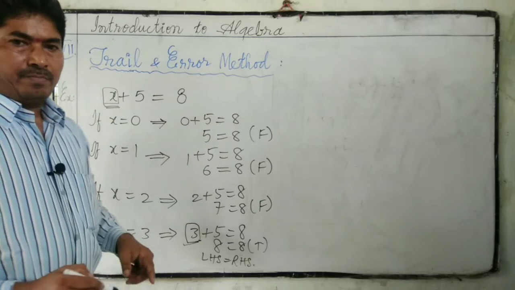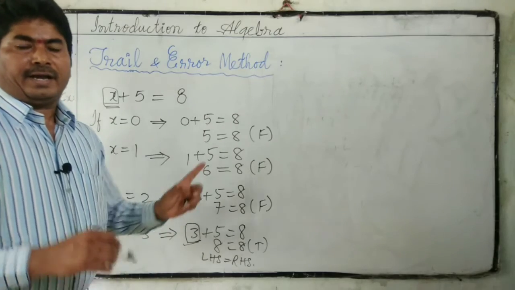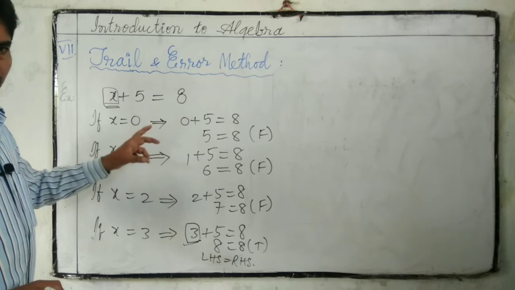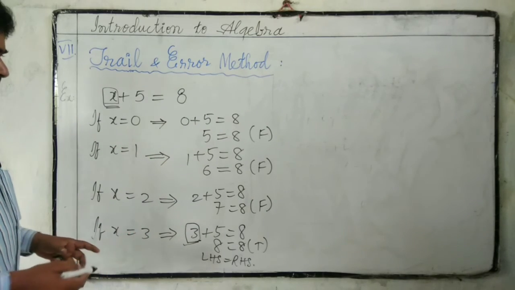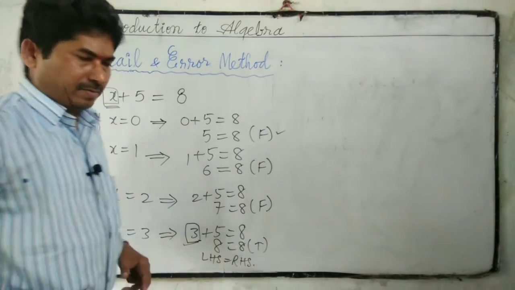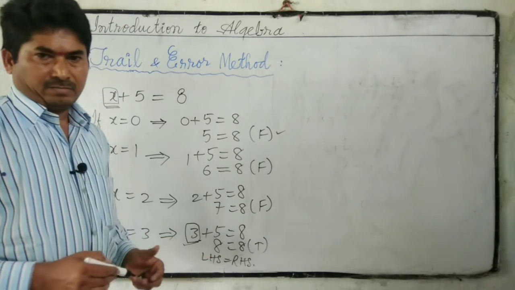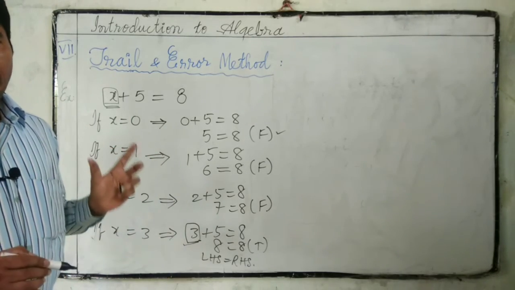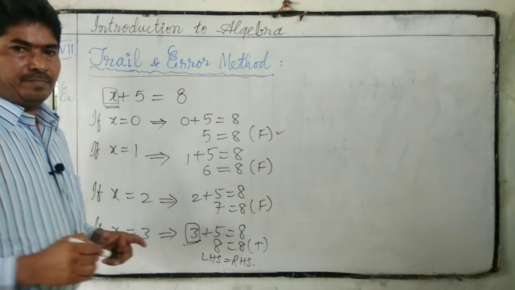This is called the trial and error method. We try giving some values and check whether it is satisfied or not. If it is not satisfied, we leave it until we get the right value for the variable, then we can stop.